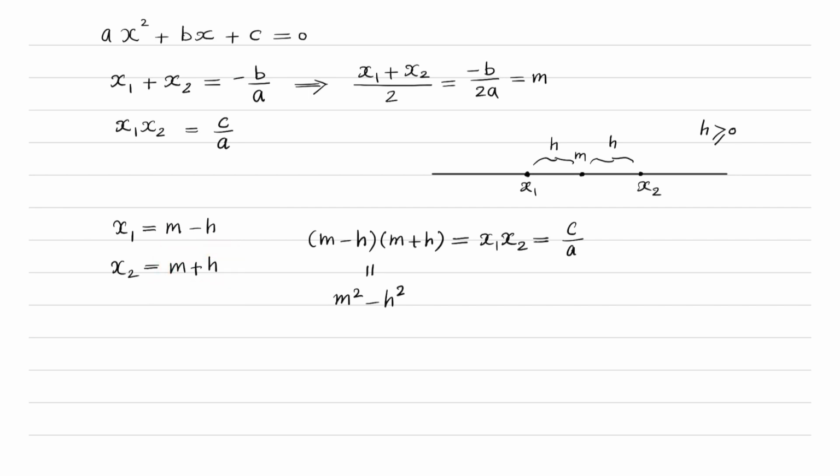Let's use this in an example. So suppose we want to solve this equation, x squared minus 2x minus 3 equals 0. Then m is minus b over 2 times a, which is 2 over 2, which is just 1. So m is 1.